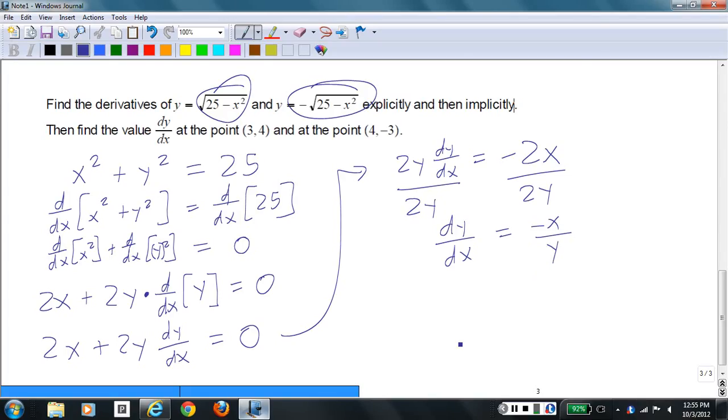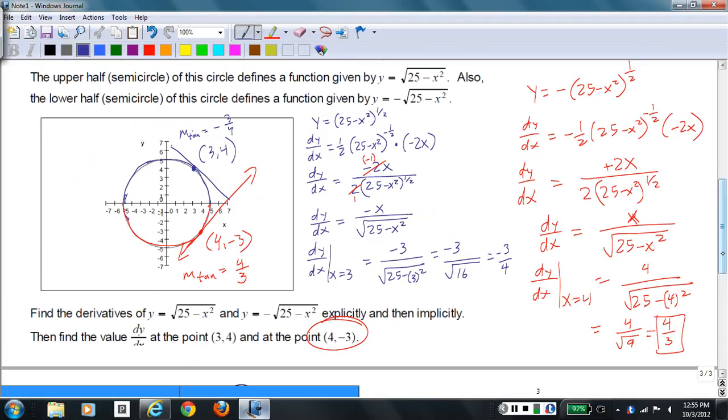And except in cases where y equals 0, the points (5, 0) and (-5, 0), where there's a vertical tangent line, this expression is going to work all the way around the circle. Negative x over y is going to give us the slope of the tangent line. So if we try that at the point (3, 4), negative x over y is negative 3/4.